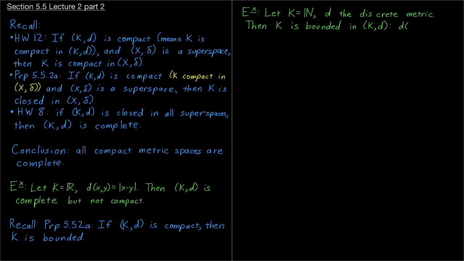The distance from x to y, remember, under the discrete metric is always at most 1.